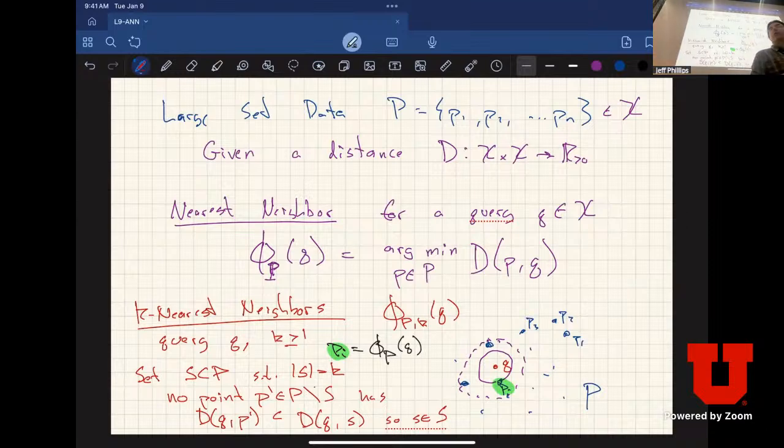So what we want today is to talk about algorithms for how to find the nearest neighbor. The obvious algorithm is I have a query point and I'm just going to compute the distance to all the other data points and take the one which is the smallest. This is the straightforward way to do it.